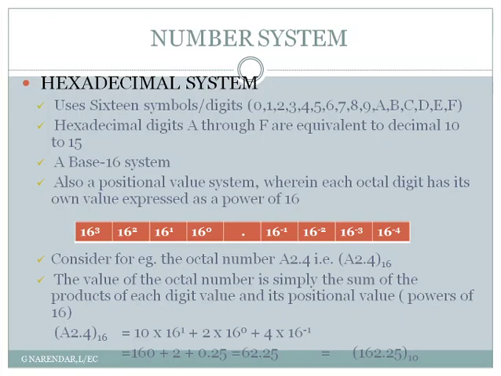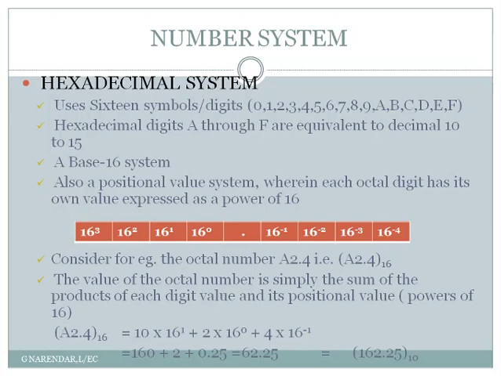And like the previous systems, this is also a position value system, where each position of a number has a particular position value, which will be a power of 16. The powers of 16 will be -1, -2, -3, -4 as we move towards the right, away from the hexadecimal point, and the powers will be 16 power 0, 16 power 1, 16 power 2, 16 power 3, and so on as we move towards the left side of the hexadecimal point.